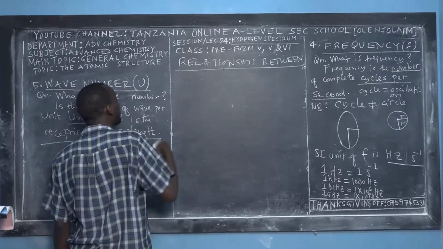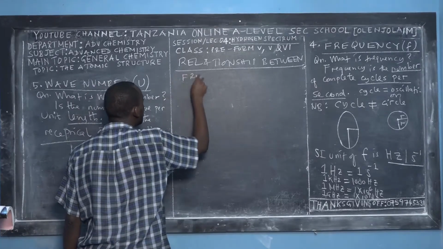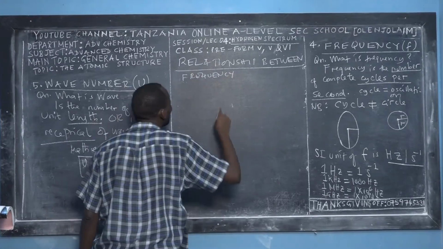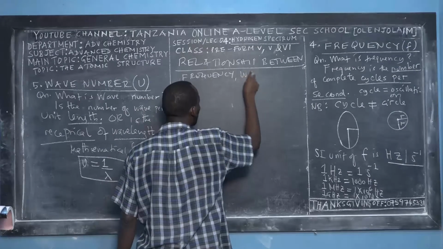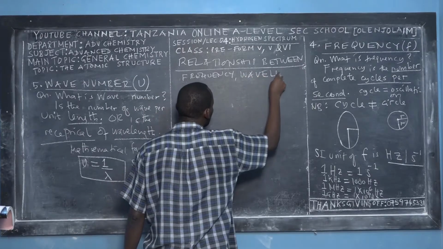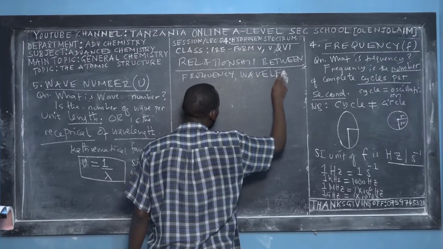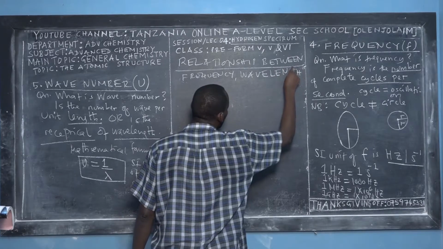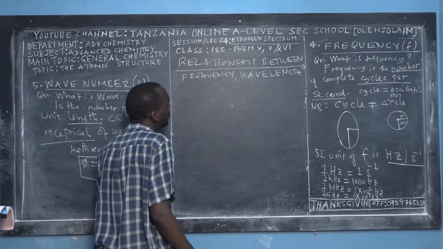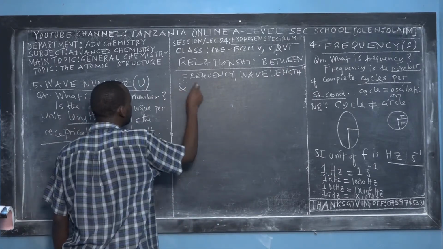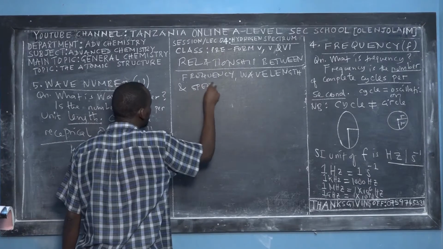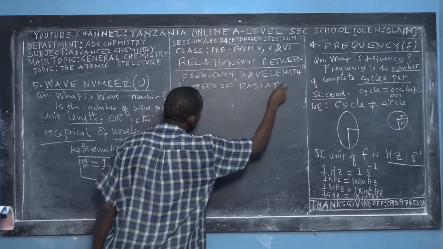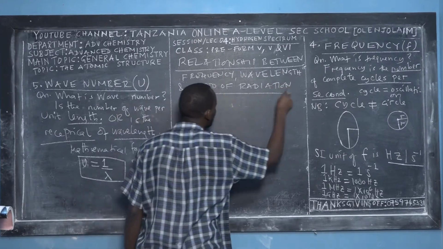Relationship between what? Frequency, then we have wavelengths, and speed of radiation.